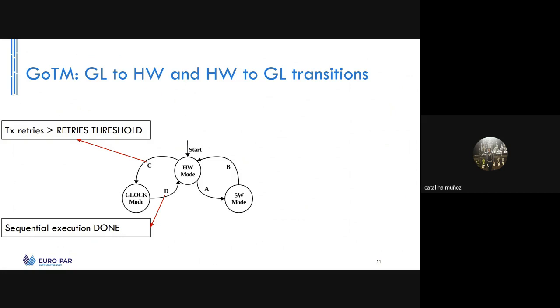This generates a restriction in the way the transaction is written. In our approach, I can write the transaction in any way I want, and I know the runtime is going to handle conflicts for me. So there would be that restriction if I add a fourth execution mode. Okay, thank you.